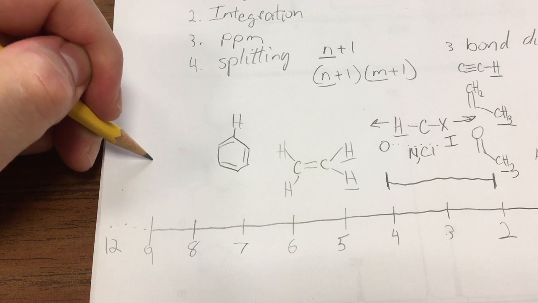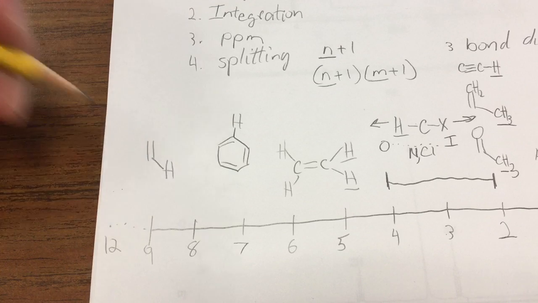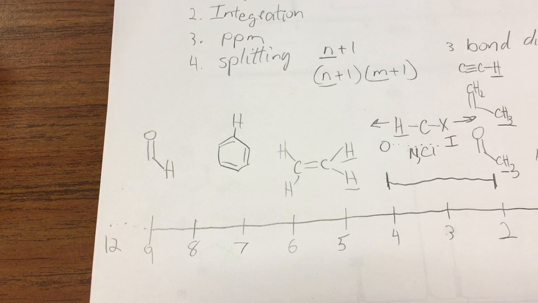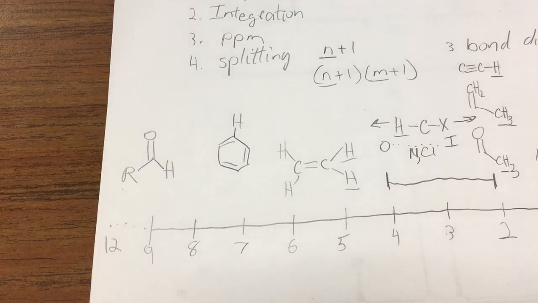And then if we have a hydrogen that's attached to a double bond directly, say like this one, but it has to be also attached to an oxygen here. That's the aldehyde peak right there that appears roughly around 9 or above most of the time. That's going to be some of the highest peaks right in there.